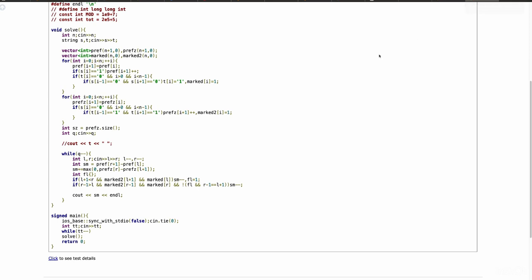So we'll keep track of that here. If mark 2 of L plus 1 is 1 and marked of L is 1, which means the 0 of L plus 1 is converted and the 1 of L is converted, then we'll decrease sum by 1. And we'll set flag equals 1. It means this condition has been satisfied. And similarly, we'll check for R: if mark 2 of R minus 1 is 1 and marked of R is 1.